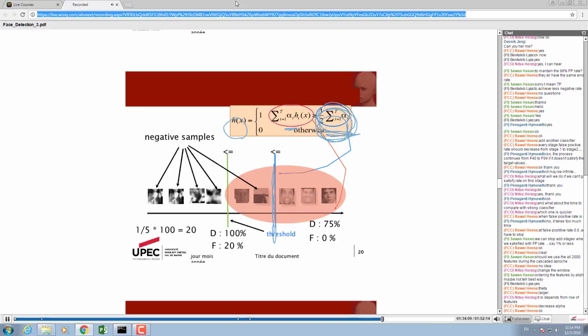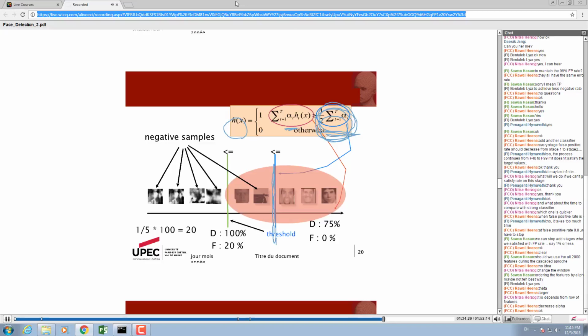Okay, so let's say we have just 1, 2, 3, 4, 5, 6, 7, 8, 9. I didn't draw everything, but we have 10 samples. Okay, nine samples, for example.